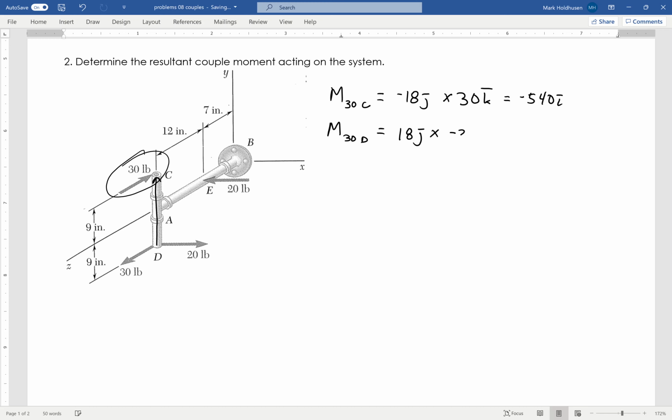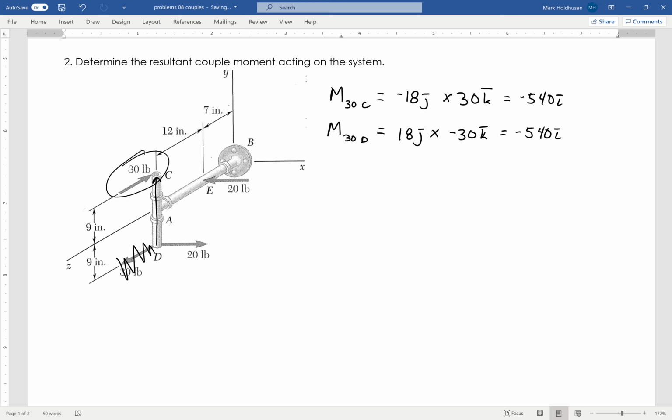So it'll be minus 30k. Again, this bottom guy goes right through point D so that it creates no moment. From this, I get negative 540. So again, it makes no difference which point you take. Okay, you always get the same answer.